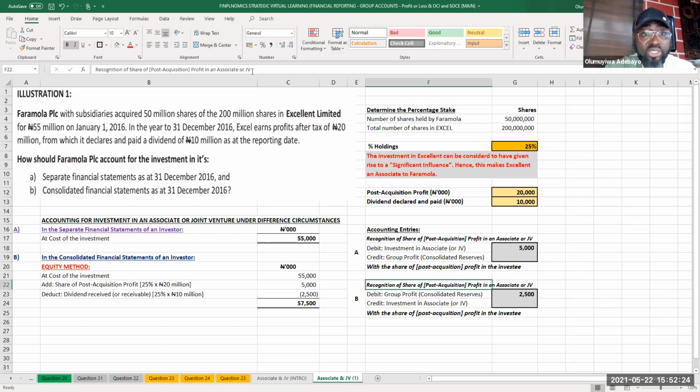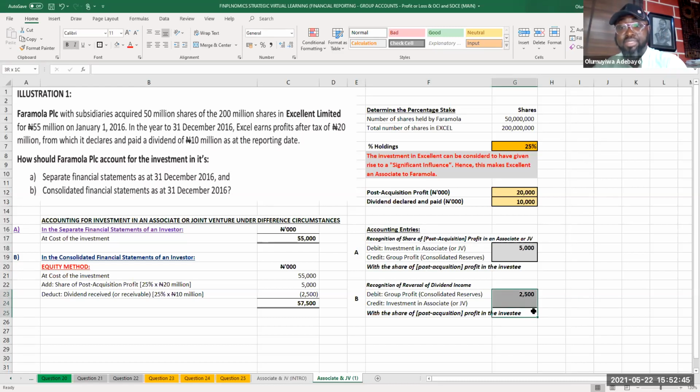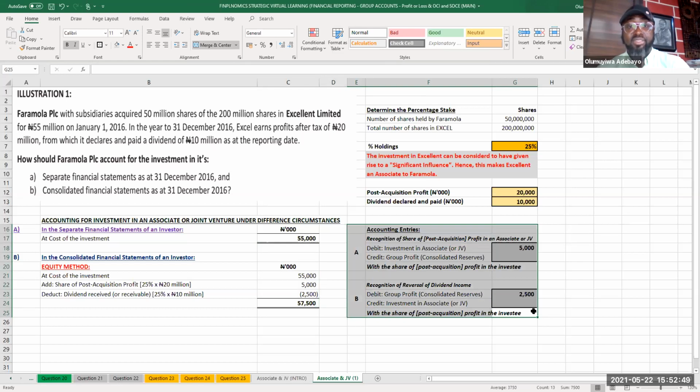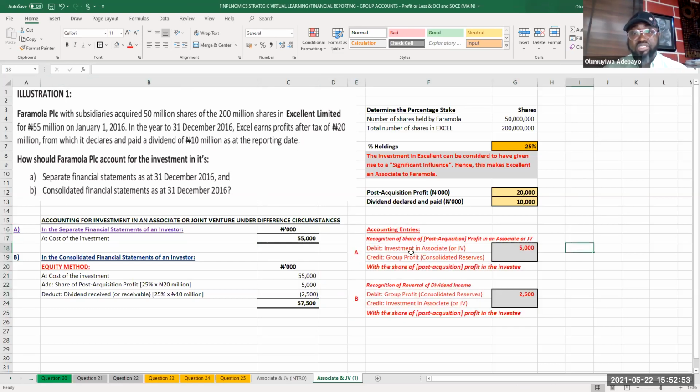This is recognition of the reversal of dividend income. And we are reversing because the income and the share of profit are substituted for that in the associate or joint venture.